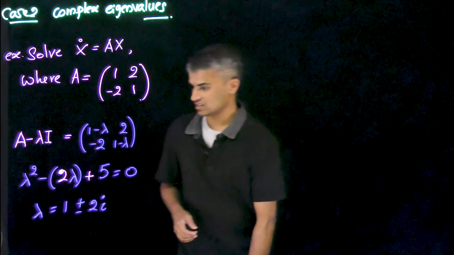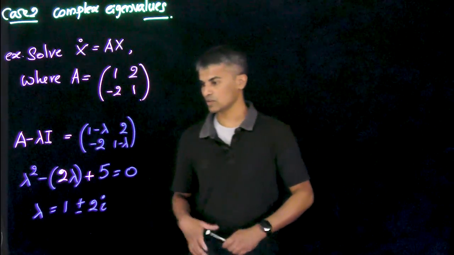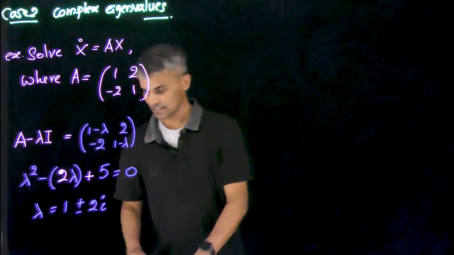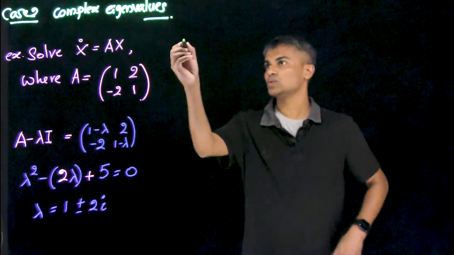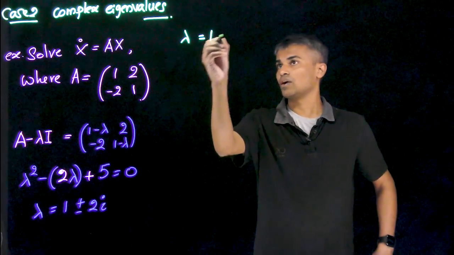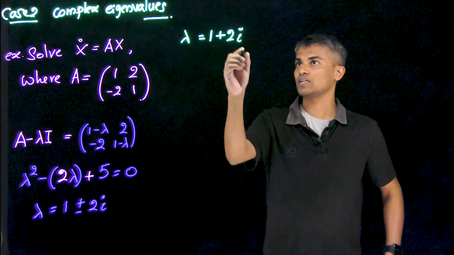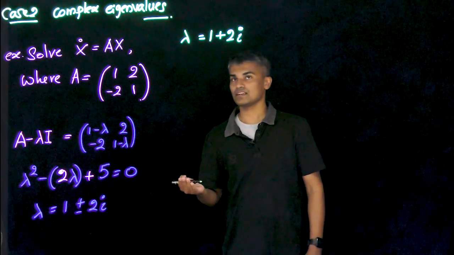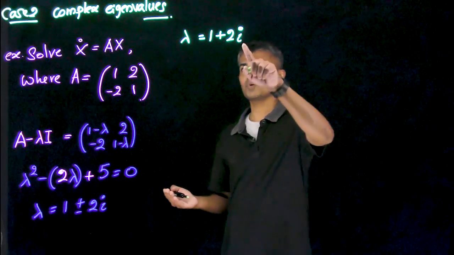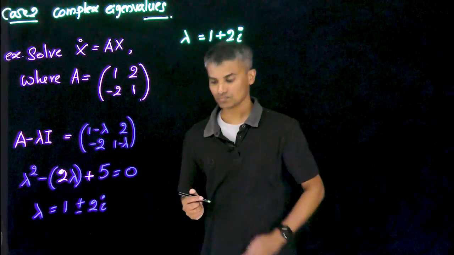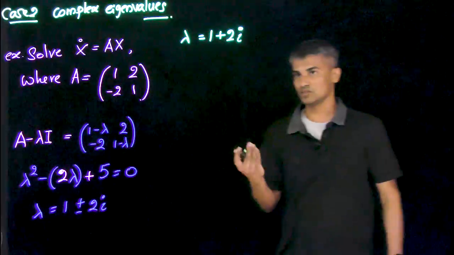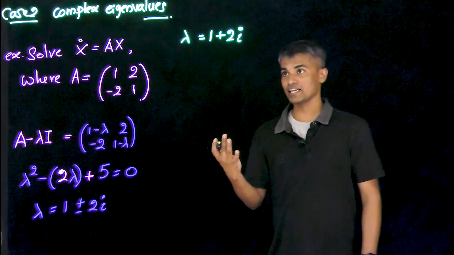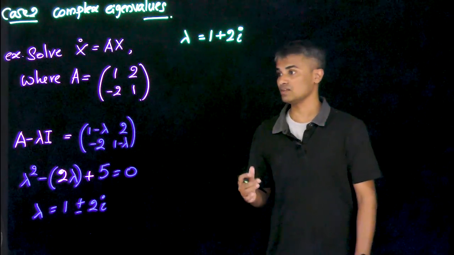So now I am going to consider, let's say, lambda equals 1 plus 2i. I am going to consider this eigenvalue. Let's go ahead and find the corresponding eigenvector. I hope you all are comfortable with finding eigenvalues and eigenvectors by now.